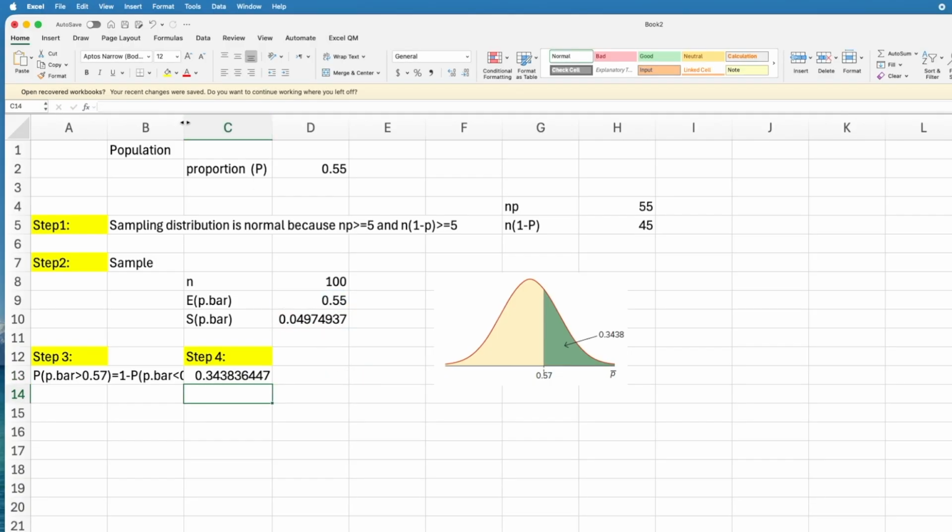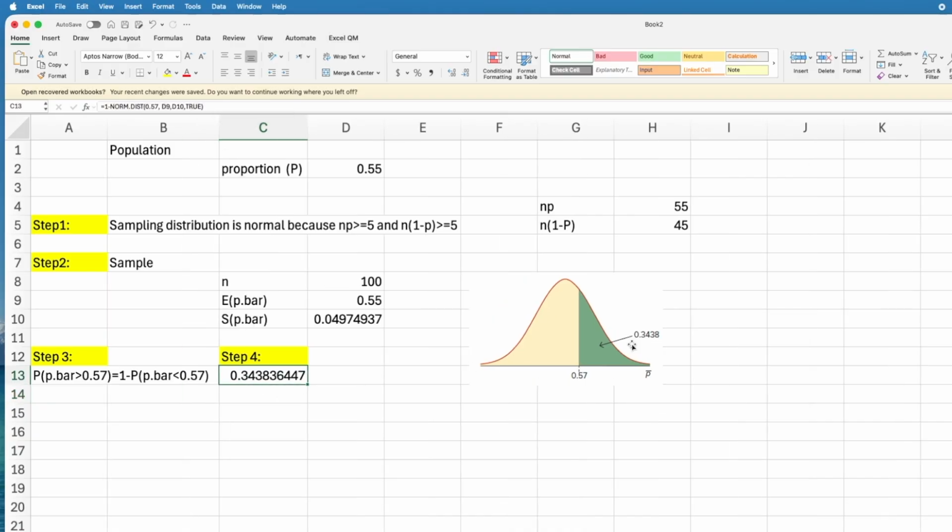So there is a 34% chance that more than 57% of the companies in our sample experience a cyber attack. Let's calculate the probability that between 53 and 60% of the companies will experience a cyber attack.